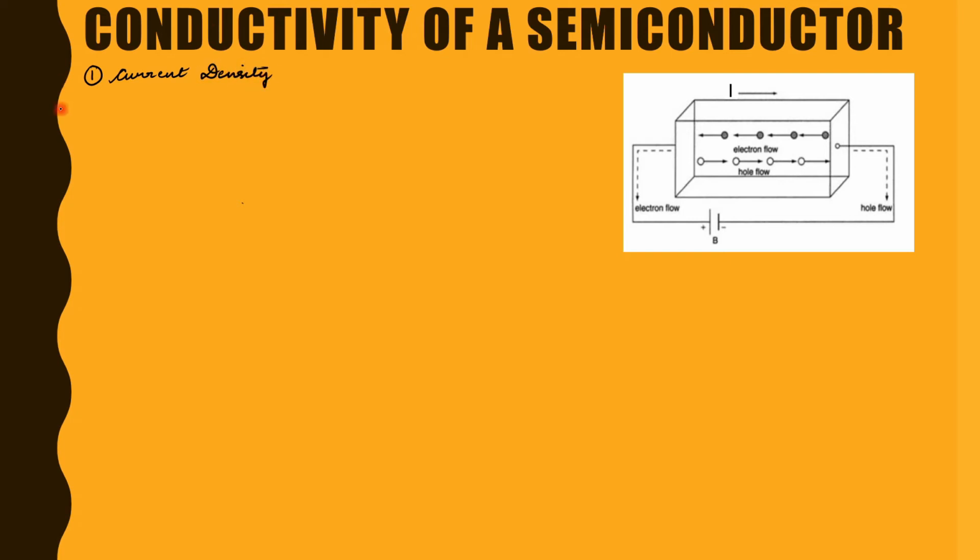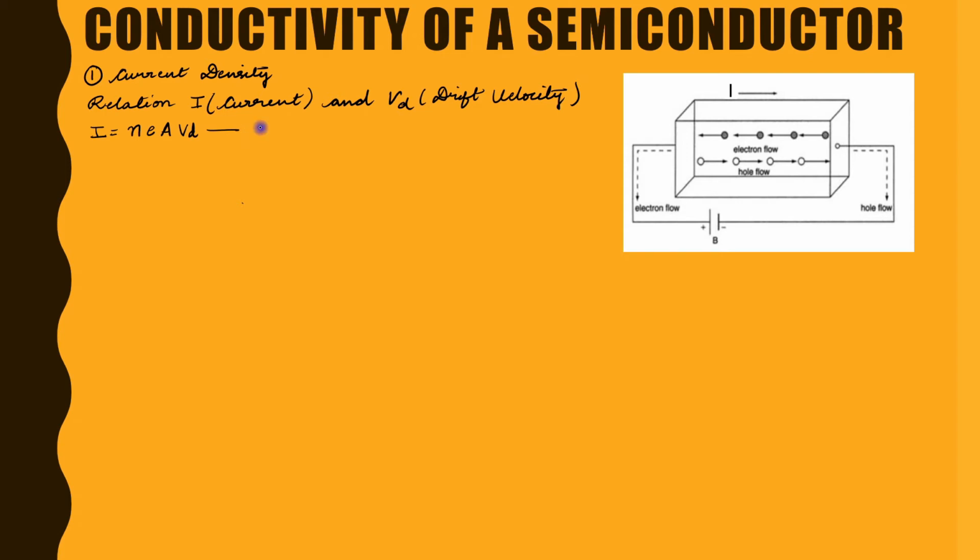For this we will be seeing the relation between current and drift velocity. The formula for this relation is I is equal to N E A Vd.